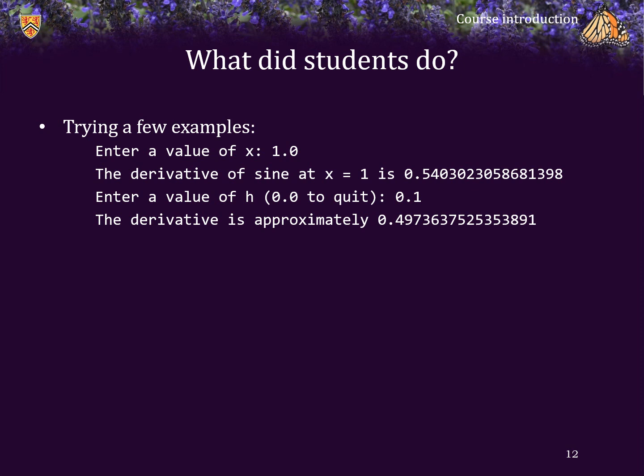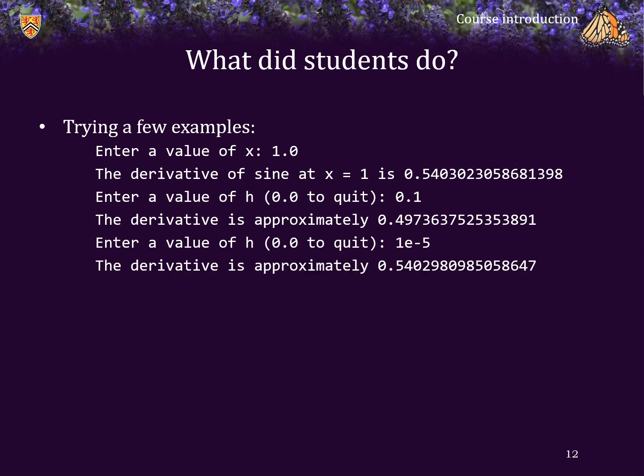If we use a value of h equaling 0.1, we don't get a very good approximation of the derivative. Well, 0.497 is not a very good approximation of 0.540, but that's with a value of h as large as 0.1.